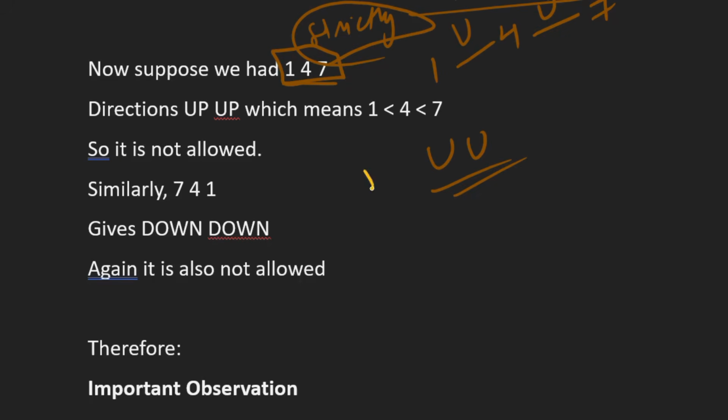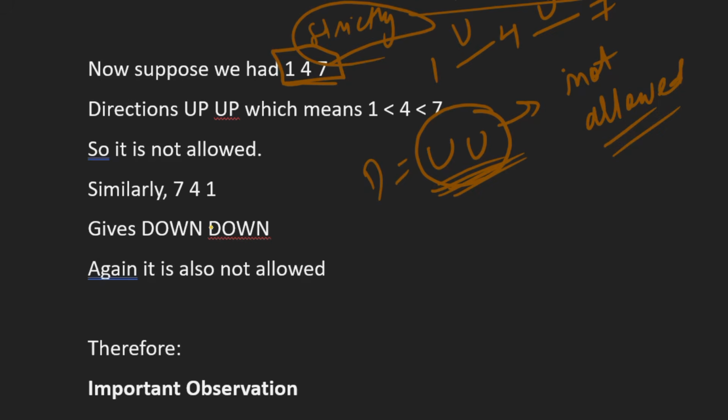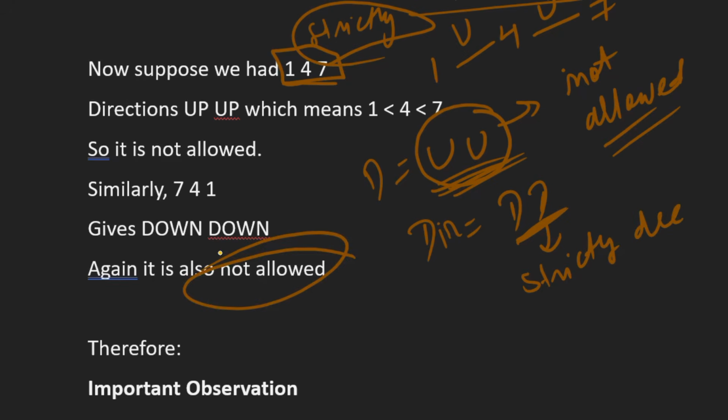So if we have up and up in the directions, that is not allowed, because we get a strictly increasing sequence. Similarly, if the directions are down and down, our sequence will be strictly decreasing, so that is also not allowed.